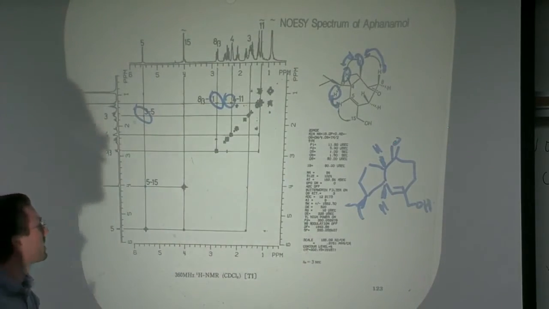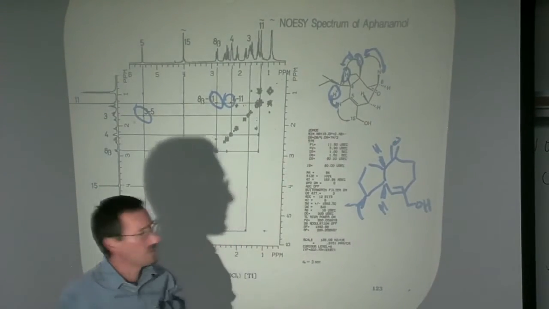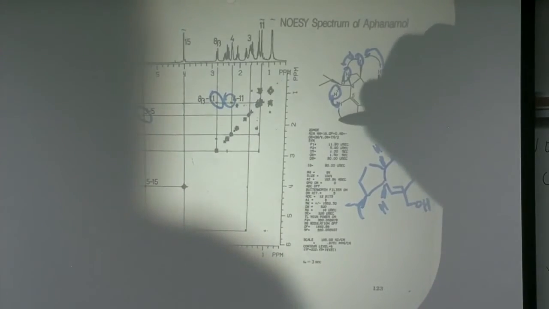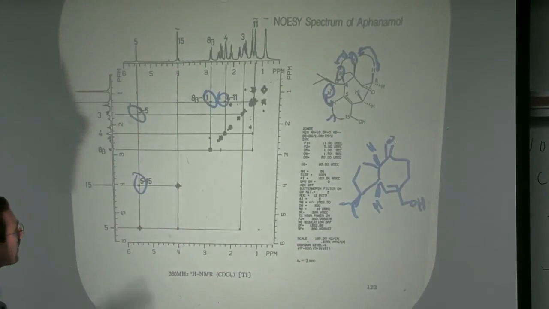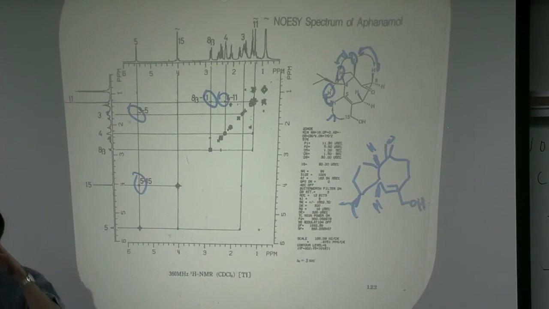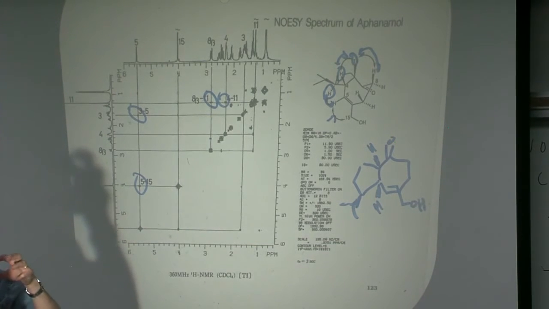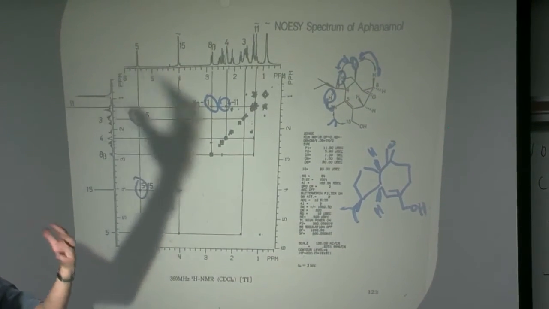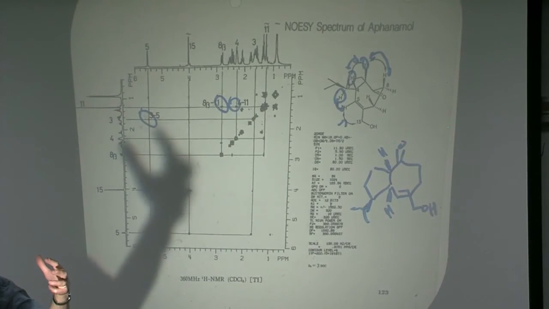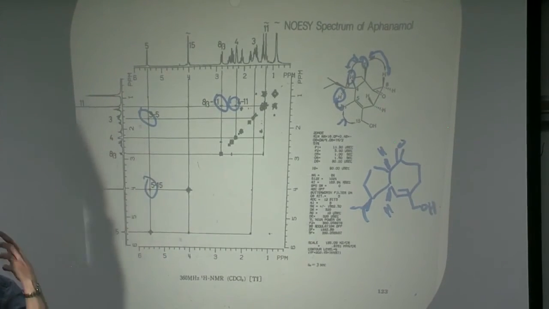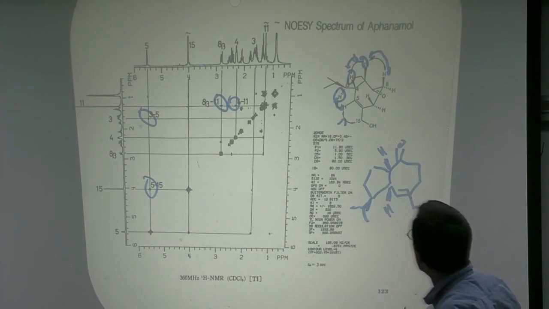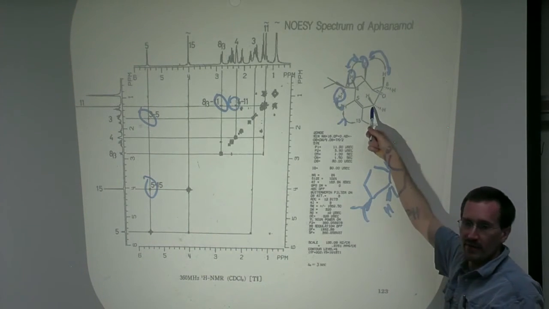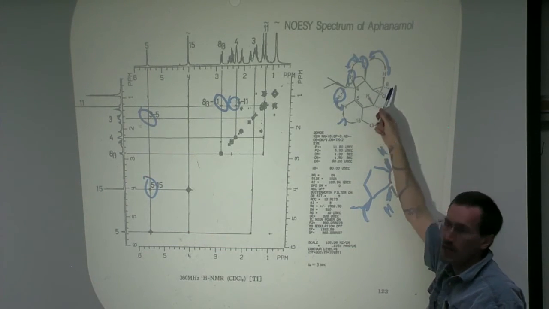Remember how I said you can see NOEs on alkenes, and we see this NOE here between proton 5 and 15 on the alkene. So this is really a beautiful data set because it gives us information on the conformation and stereochemistry of the molecule. And you could then imagine building a model, looking at your distances, saying it doesn't make sense, looking at your dihedral angles and saying, okay, are we seeing coupling behavior here and coupling constants that match this?